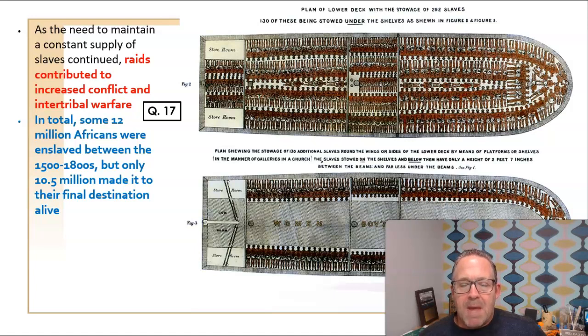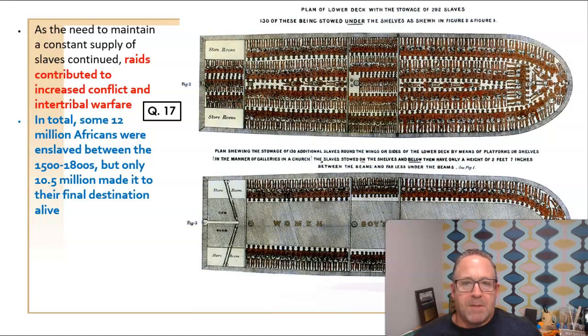So the men were shackled and chained while they were under the ship in the cargo hold, whereas the women and the children were not, but they were kept separate from the men. And so that is where sort of the major problem with the sanitation took place, because there were no facilities for them to relieve themselves.